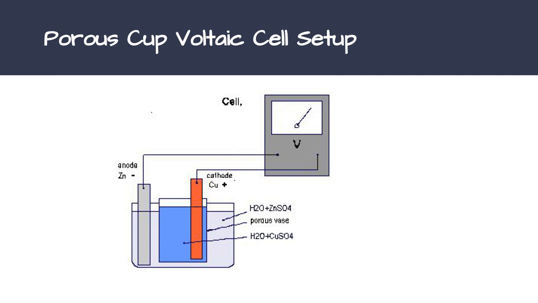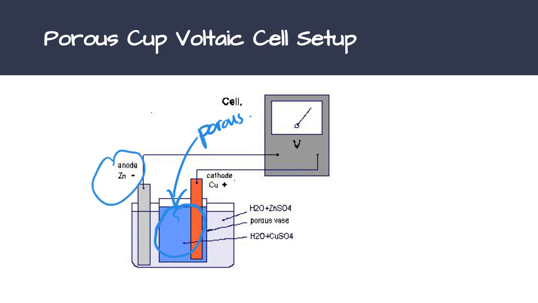Finally, just really quickly, there is another setup for voltaic cells, and this one's kind of neat because it doesn't require a salt bridge. It's called the porous cup, and it's this cup that goes inside another sort of glass beaker or something like that, and it is porous, which means that ions can flow in and out of it. Generally, you set up your cathode inside your porous cup and your anode on the outside of your porous cup.